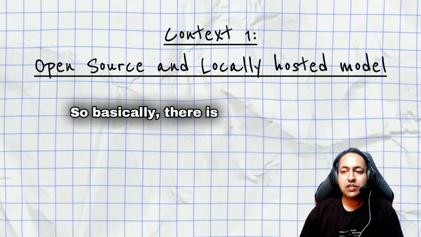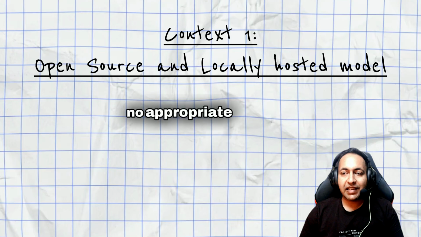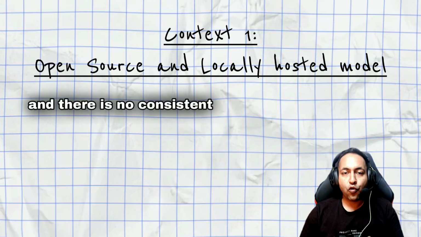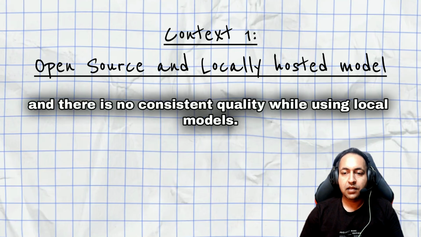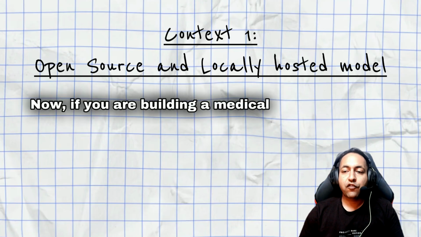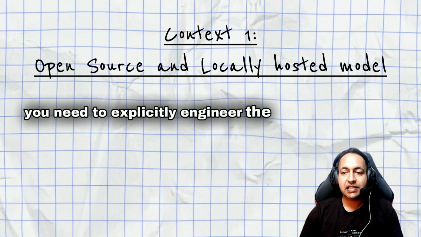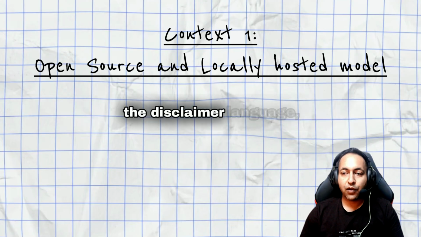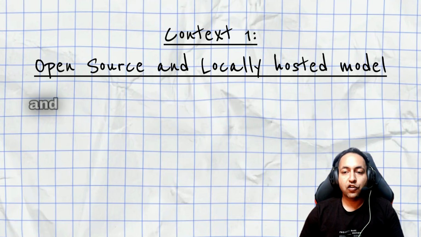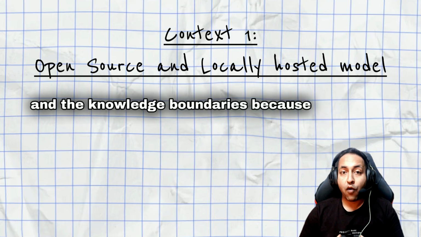So basically, there is no safety framing, no appropriate caveats, and no consistent quality while using local models. Now, if you're building a medical information tool with a local model, you need to explicitly engineer the safety behavior, the disclaimer language, the output format, and the knowledge boundaries, because the model won't do it for you.